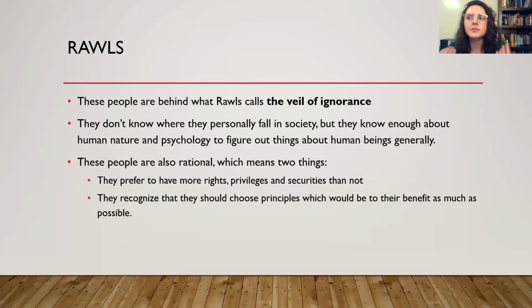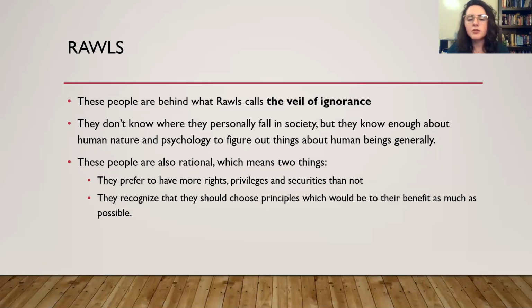So they have some kind of awareness of maybe the impacts of their decisions on other people, and just about how human nature works in general. And Rawls also makes much emphasis of these agents being rational agents. So when Rawls says that these agents are rational, there's two very specific things that he has in mind.